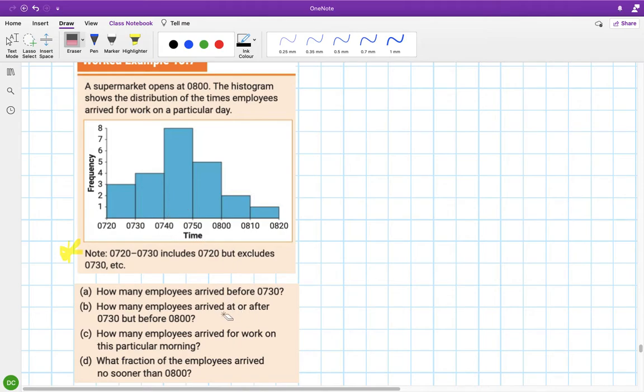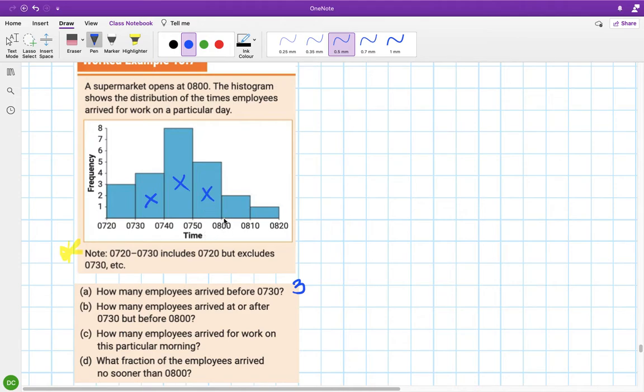So how many employees arrived before 7:30? That's the first bar there, so 3. How many employees arrived at or after 7:30 but before 8 a.m.? These people arrived between 7:30 and 7:40, these between 7:40 and 7:50, and these between 7:50 and 8.